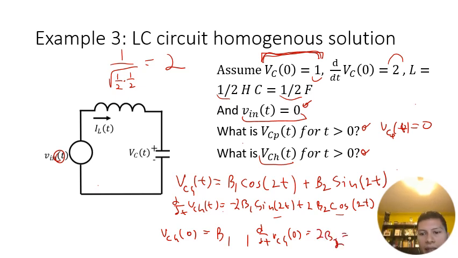We said the derivative was 2 and the value was 1. So that gives us that b1 is 1 and b2 is 1, and our final solution is just this with a 1 and this with a 1.